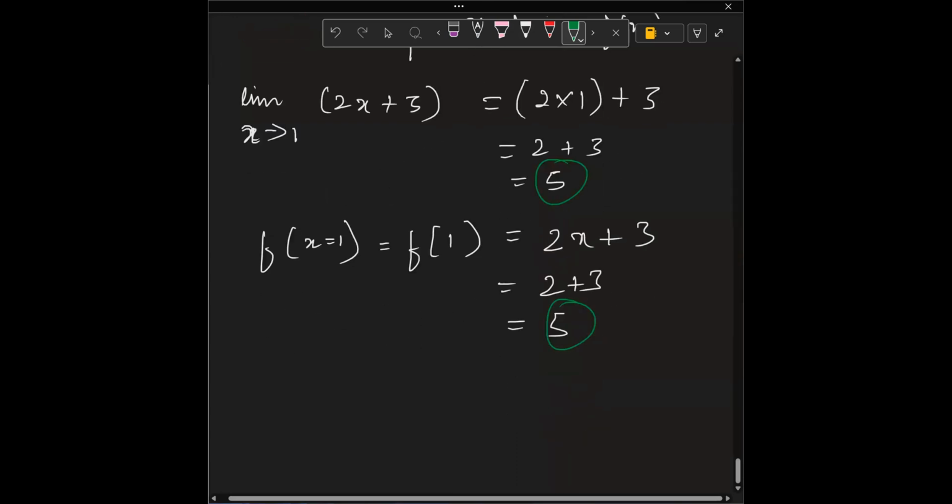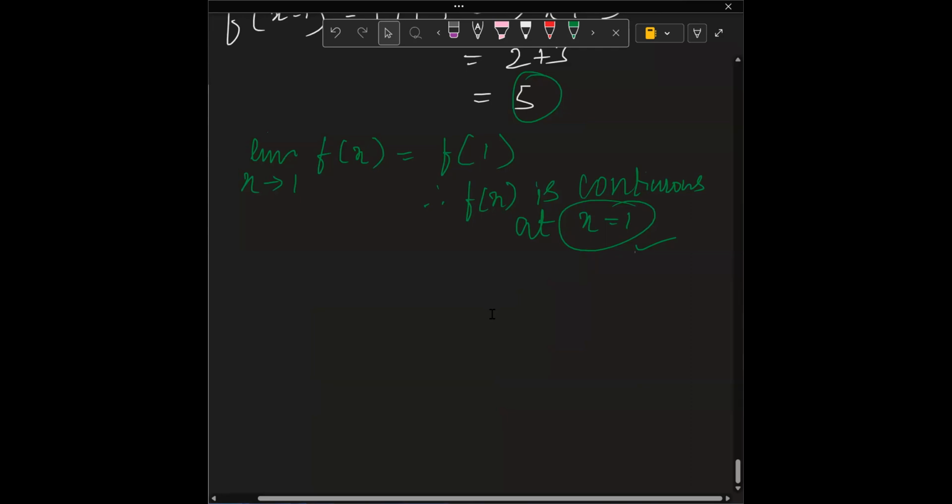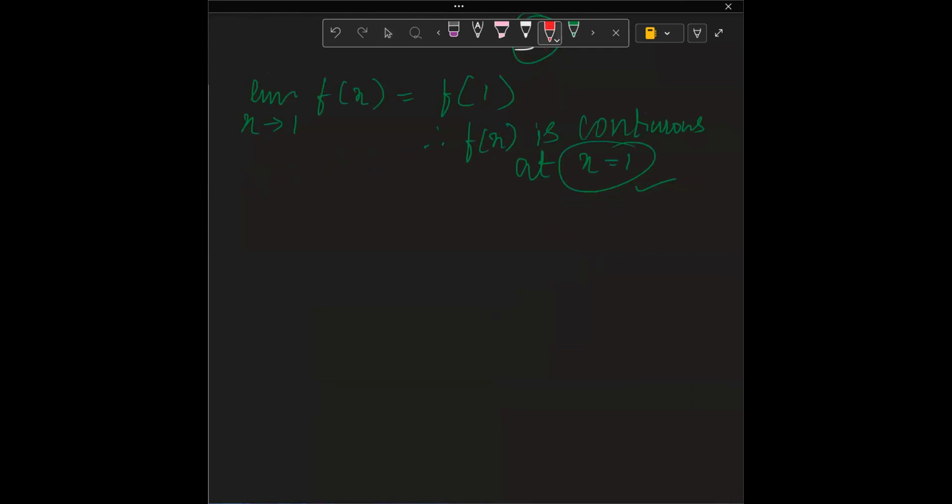Now you will say limit x tending to 1 of f(x) is equal to f(1). Therefore, your function is continuous at x equals 1. Understood? So by this method, you can check whether your function is continuous or not.